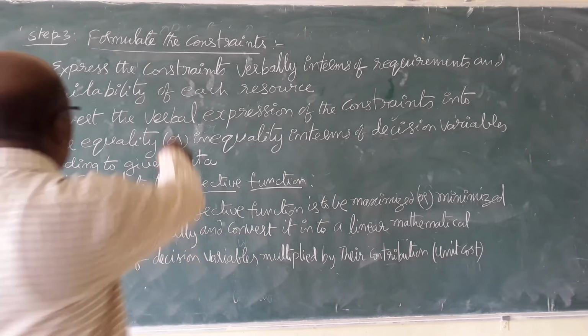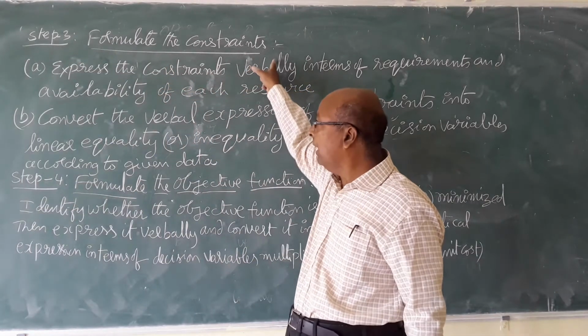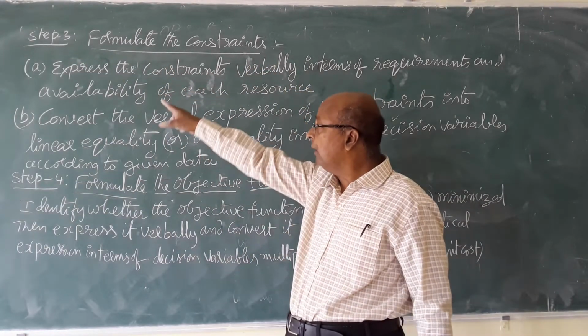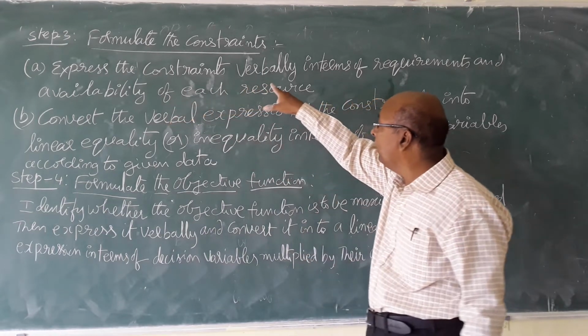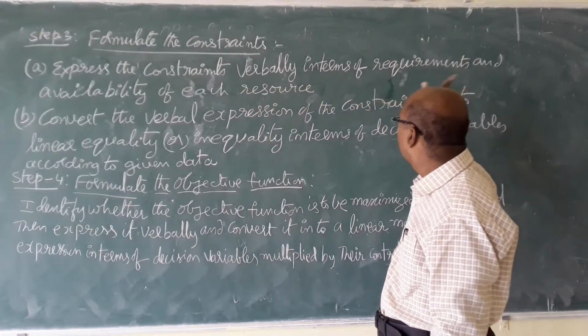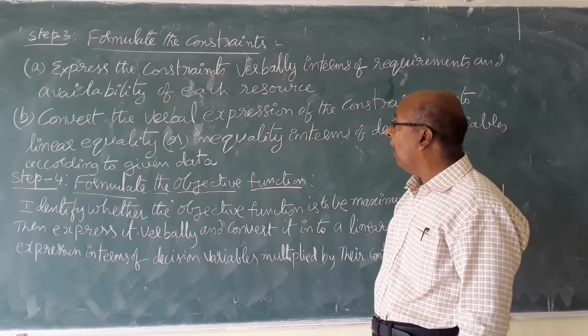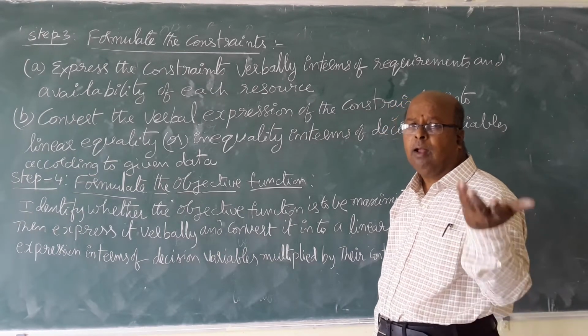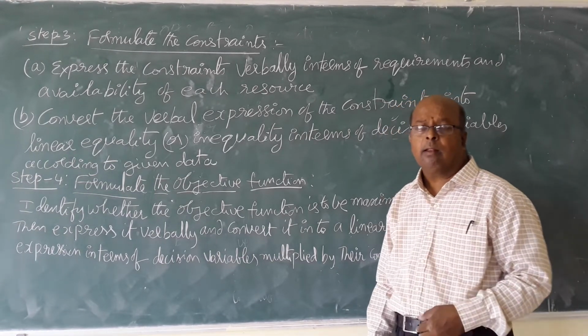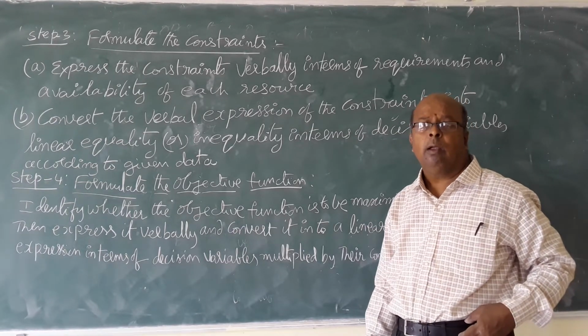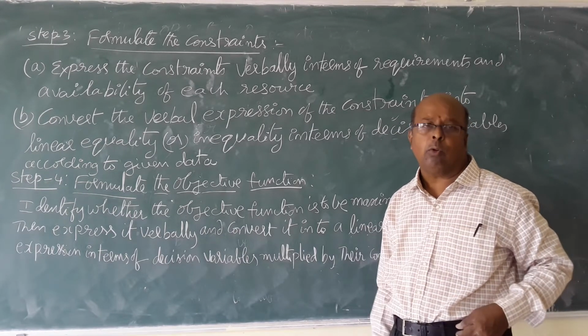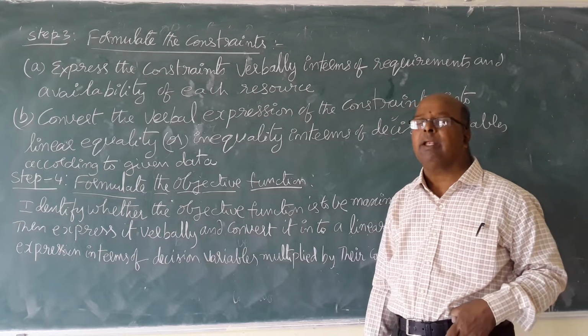Step 3. Formulate the constraints. This means expressing the constraints verbally in terms of requirements and availability of each resource. Resources are already there, so how to use those resources? What are the limitations?